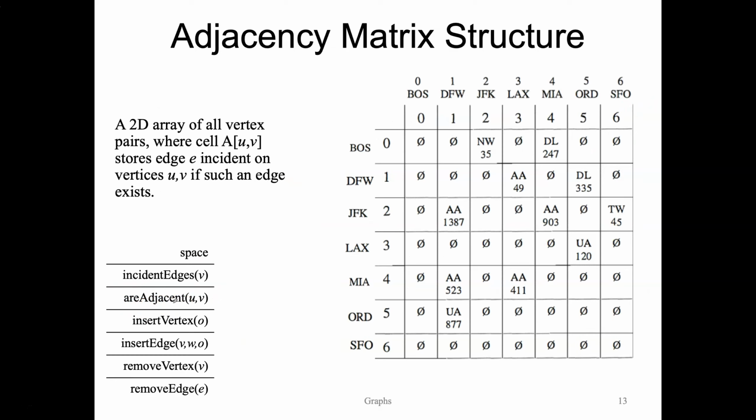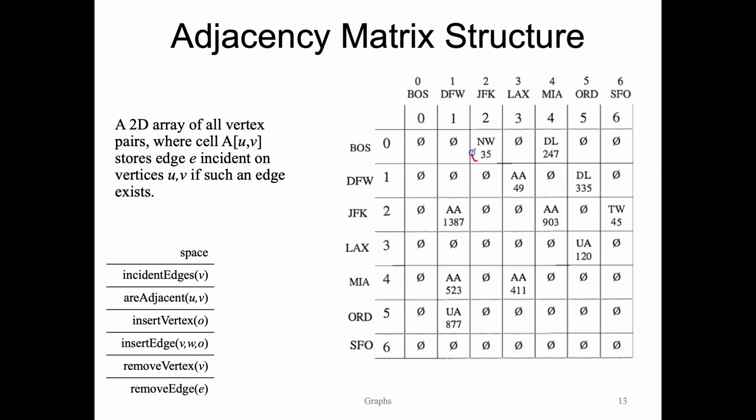So the idea behind this is that we have actually now a matrix where we've got each row and column correspond to a vertex. So we could even number all vertices arbitrarily from 0 to n-1. And then we store in each cell of this matrix an edge object if we've got an edge that connects them.